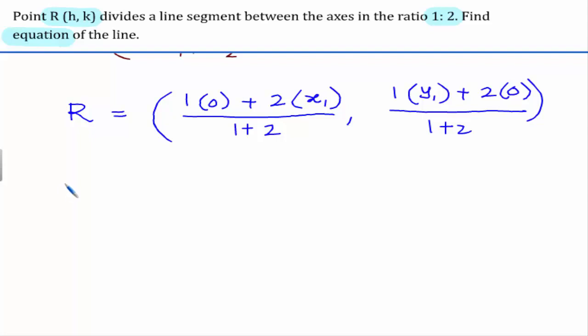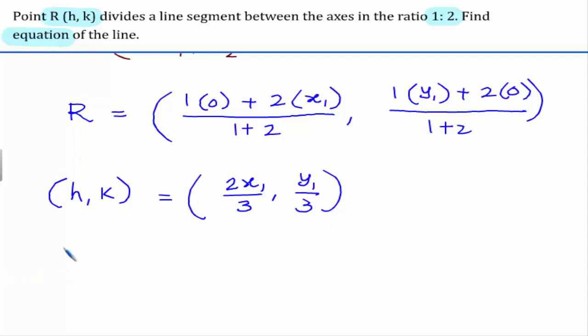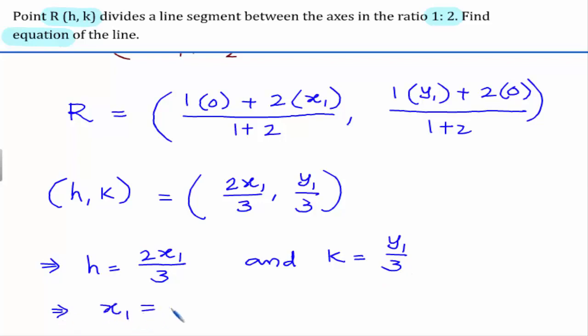But we already know the coordinates of R, that is h, k, that is equal to, this is 0 plus 2x1, that is 2x1 by 3, and this is y1 plus 0, that is y1 by 3. Now that implies h is equal to 2x1 by 3 and k is equal to y1 by 3. So on simplification we get x1 is equal to 3h by 2 and y1 is equal to 3k.